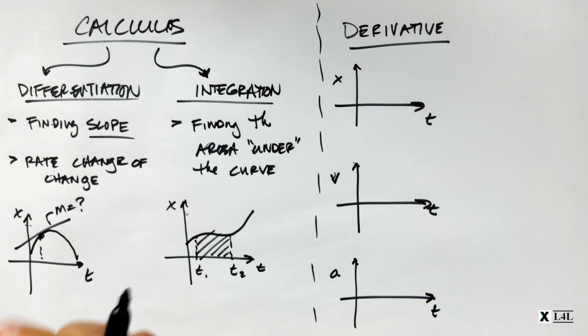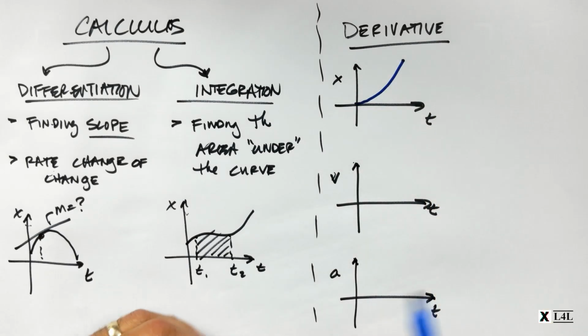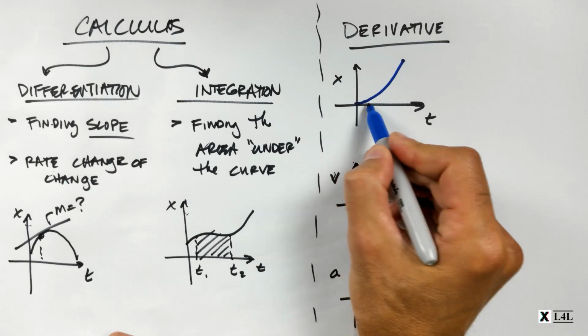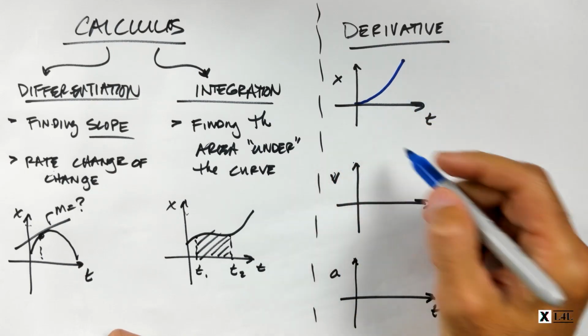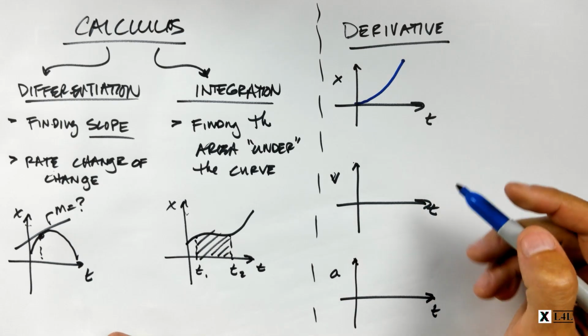Okay. So let's say that we just have a constant acceleration. Looks something like this. And if we were to track this slope here, we know some things about the position versus time graph as it relates to the velocity versus time graph.